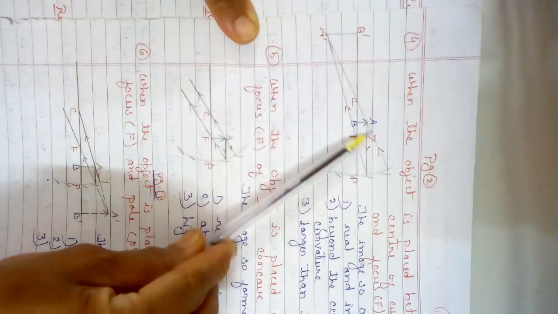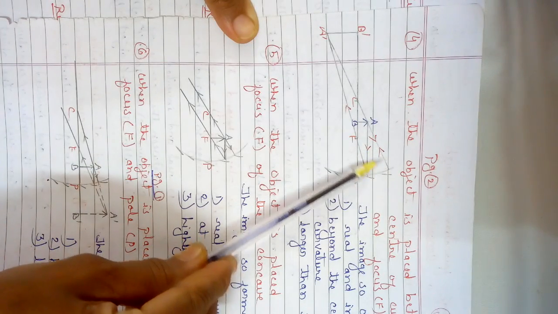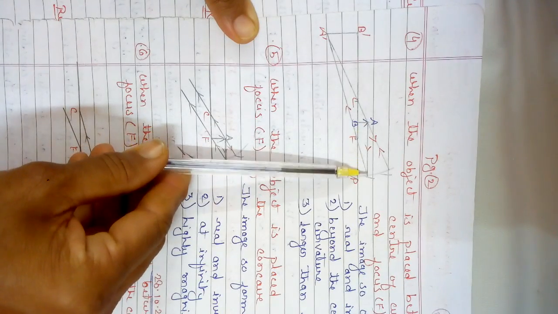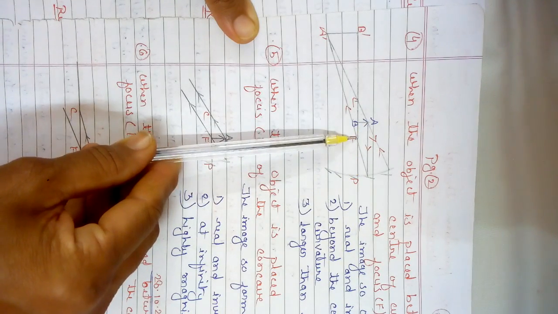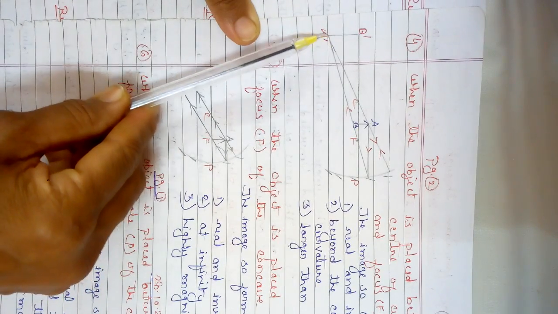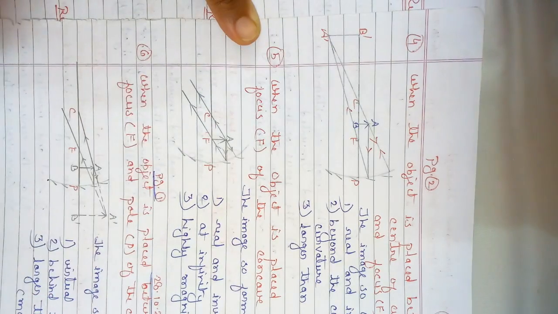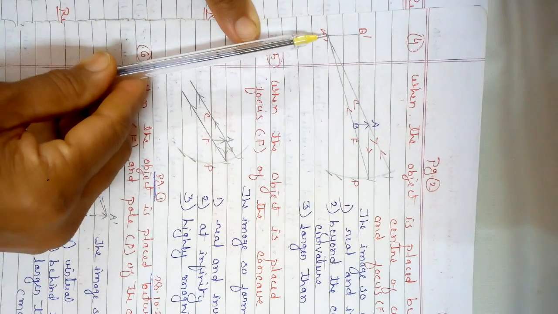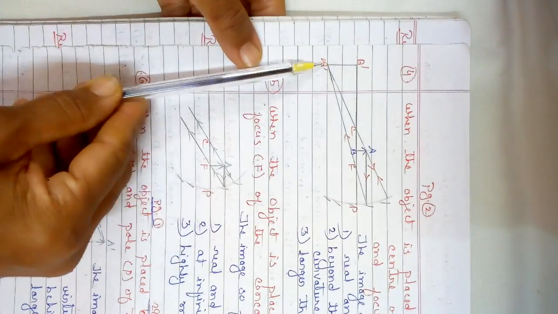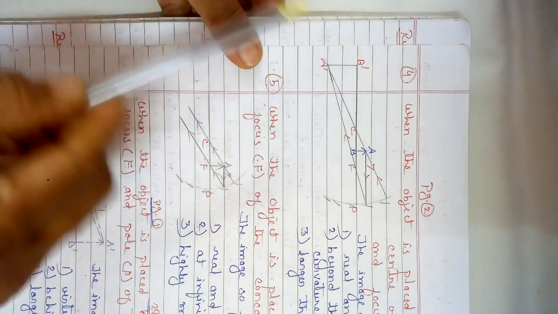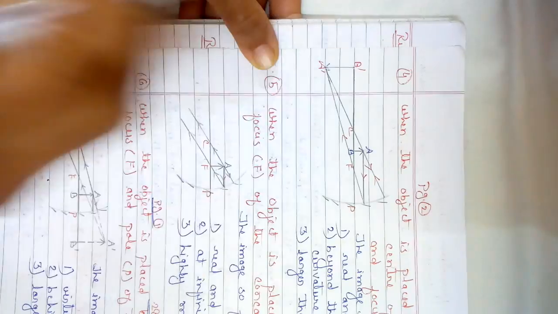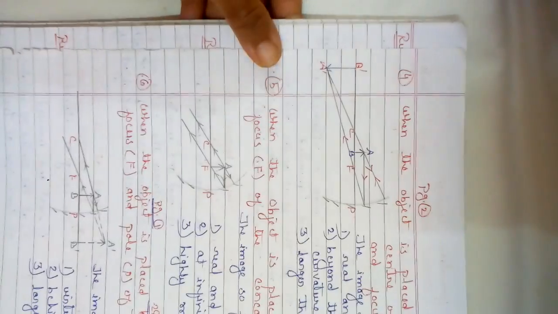The ray which is passing through the center of curvature will reflect back on the same path, and the ray which is parallel to the principal axis will pass through the principal focus of the concave mirror, and the place where these two rays intersect, we get a real and inverted image of the object which is highly magnified. And we find it beyond the center of curvature.